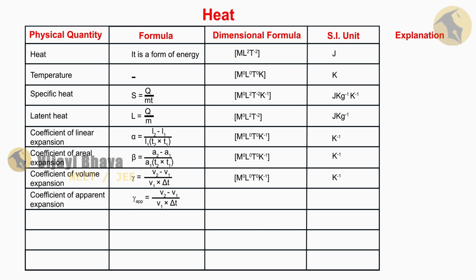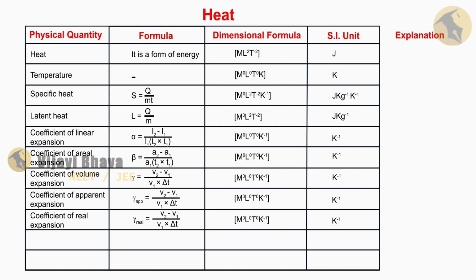So the final dimensional formula of coefficient of apparent expansion becomes M0, L0, T0, K minus 1. Moving on to the next physical quantity, coefficient of real expansion. The coefficient of real expansion has a similar formula to coefficient of apparent expansion. So this physical quantity also has the dimensional formula M0, L0, T0, K minus 1.